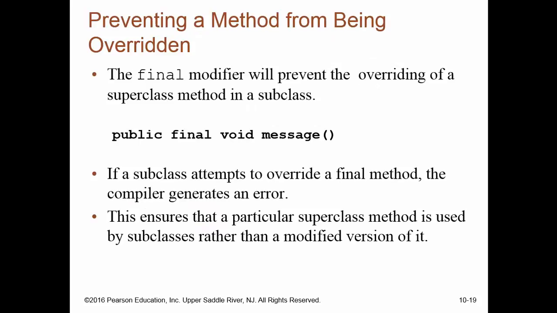What if you don't want to allow something to be overridden? As it says, you can use the final modifier to prevent overriding from taking place. Now, this is considered really bad programming practice. What I'm saying is I'm creating this method named message. It's public, it doesn't return anything, and it requires no parameters.